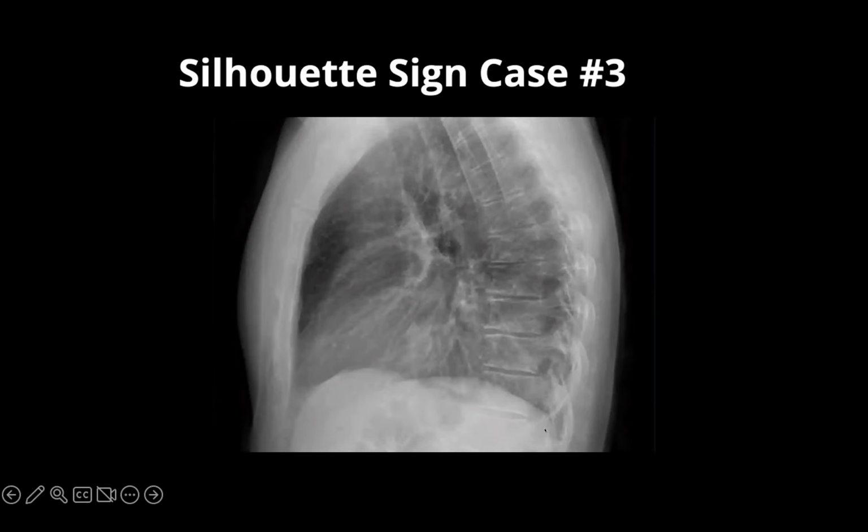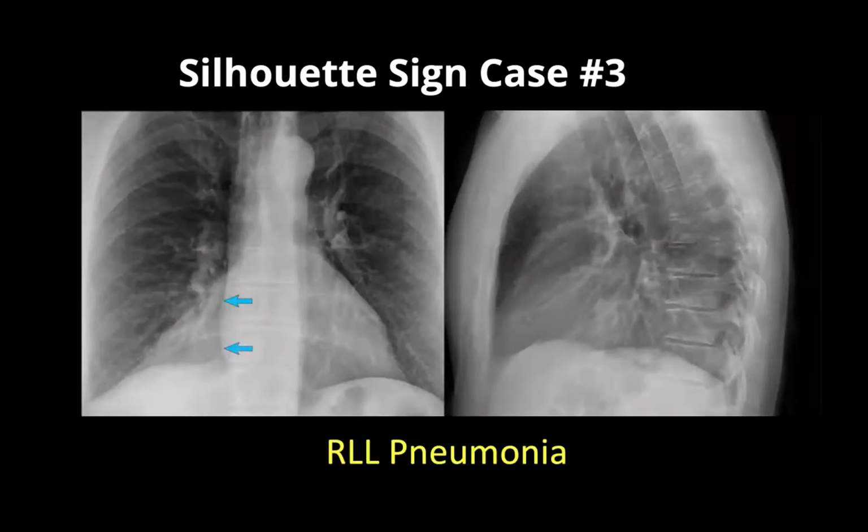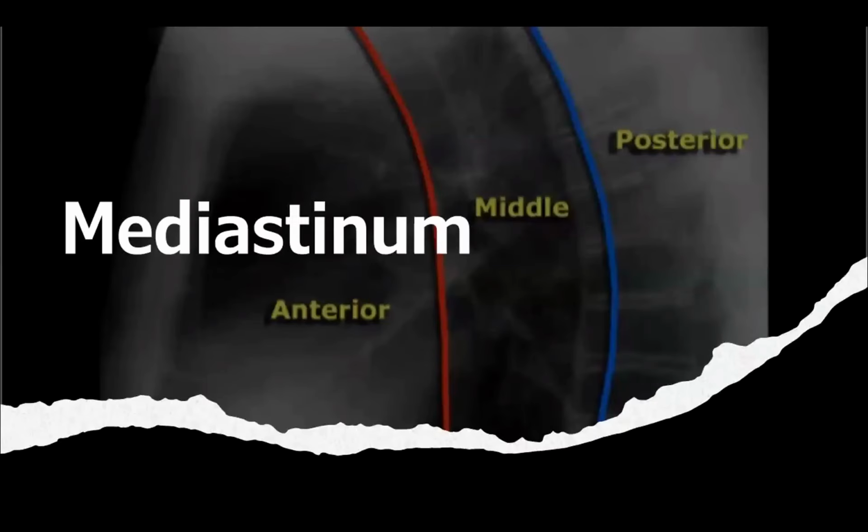That helps you to locate this abnormality without looking at the frontal view, that this is the right lower lobe pneumonia, not left lower lobe pneumonia, because you can see a very sharply demarcated normal left hemidiaphragm until it abuts the heart, and then you can't follow it anteriorly, which is the expected normal contour of the left hemidiaphragm. Looking at the frontal for that case, this is just an explanation of what I said. And looking at that case, it's truly right lower lobe pneumonia. So silhouette of the diaphragm in the lateral view, not only the frontal view.